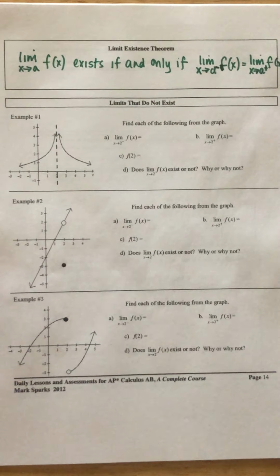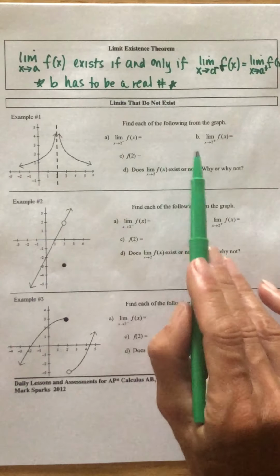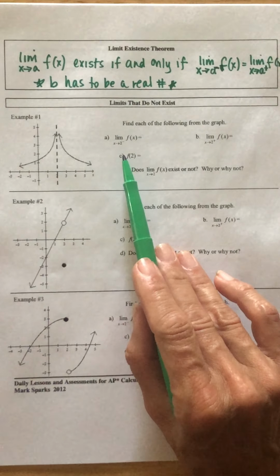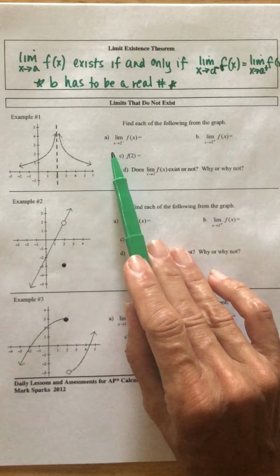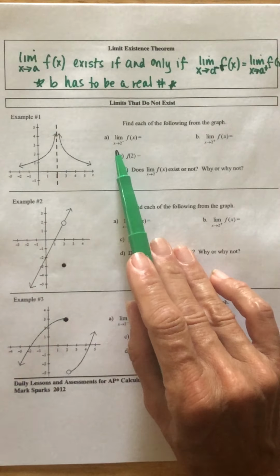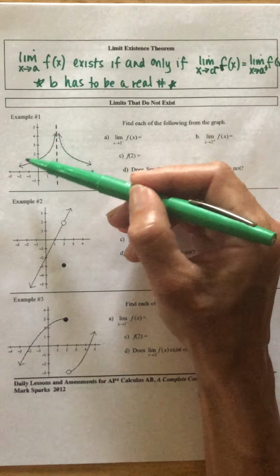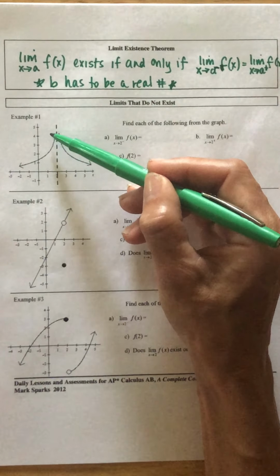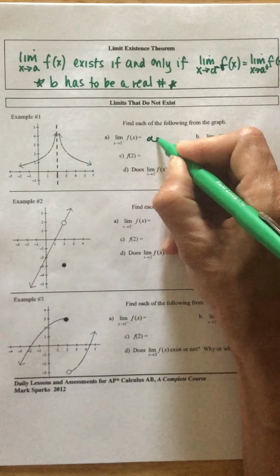We're going to look at a couple of values, and this print is tiny. Letter A says the limit as x approaches 2 from the left of f of x. All right, so here's our 2. We're approaching 2 from the left, so it looks like it's going to positive infinity.